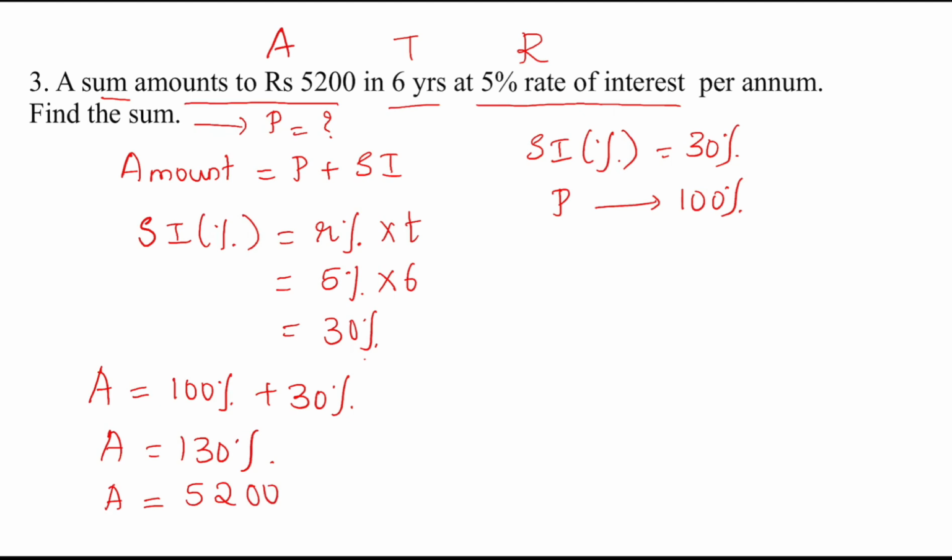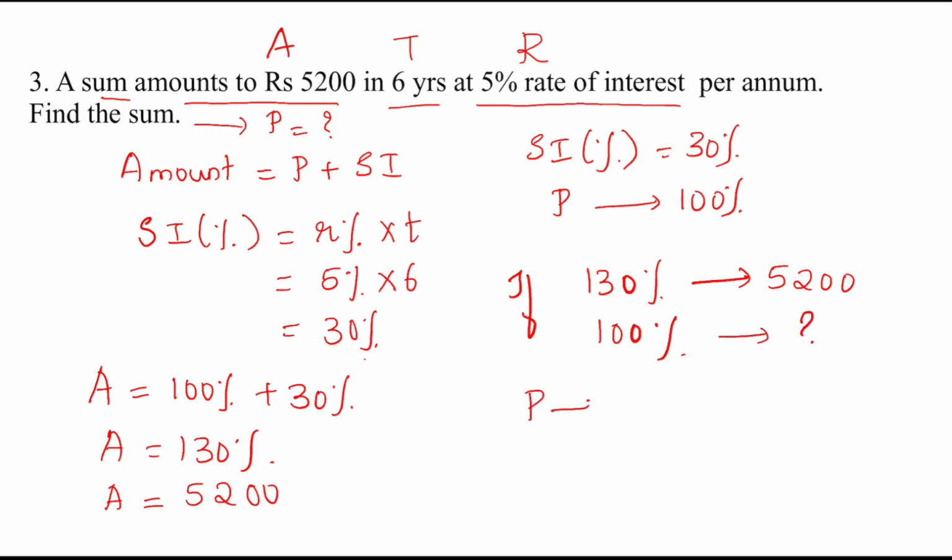So I can directly equate: 130% is 5200, then 100%, which is principal, is how much? So principal is equal to 100 divided by 130 into 5200.